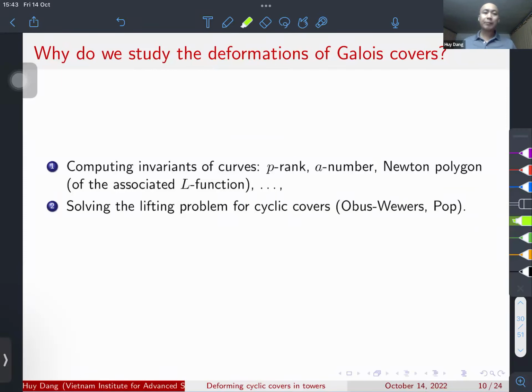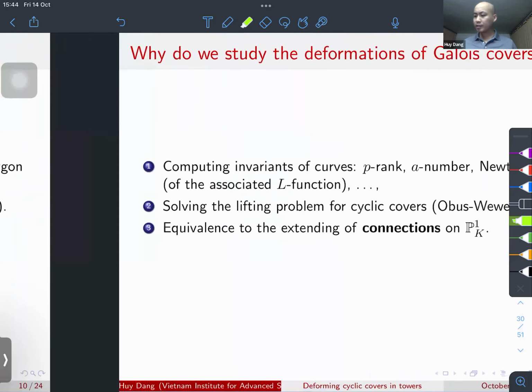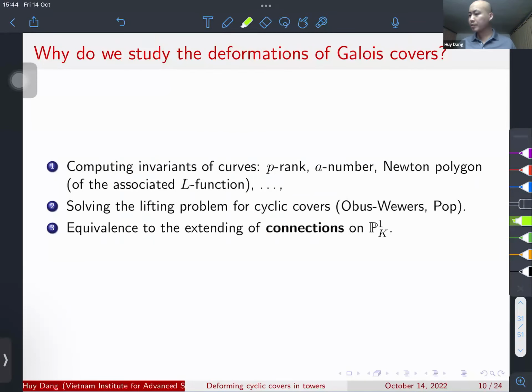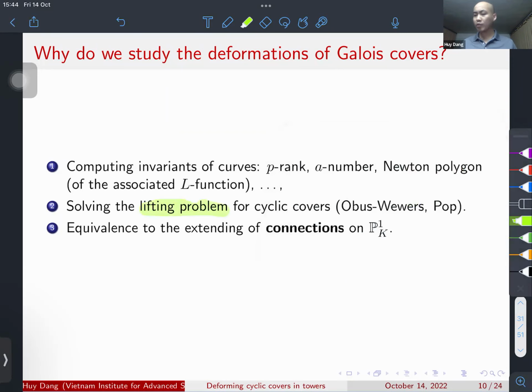And one other application of understanding deformation is to solve the lifting problem for cyclic covers in characteristic P to characteristic 0. And again, I will not go too much into the detail. One thing that maybe some of you know is that the lifting problem I just mentioned is related to the question about extending connections on the projective line.